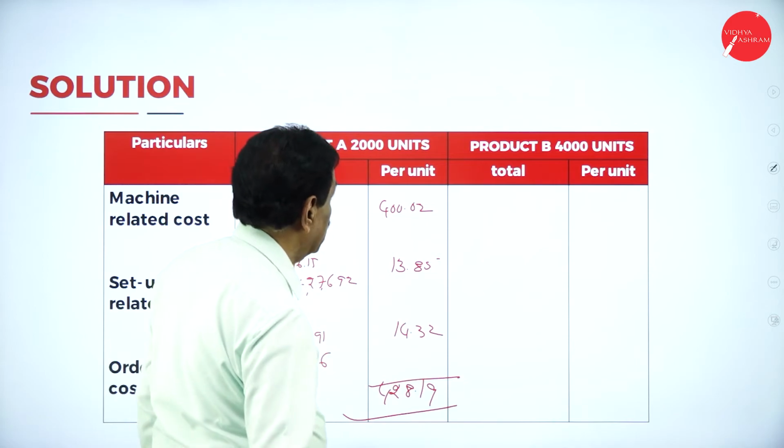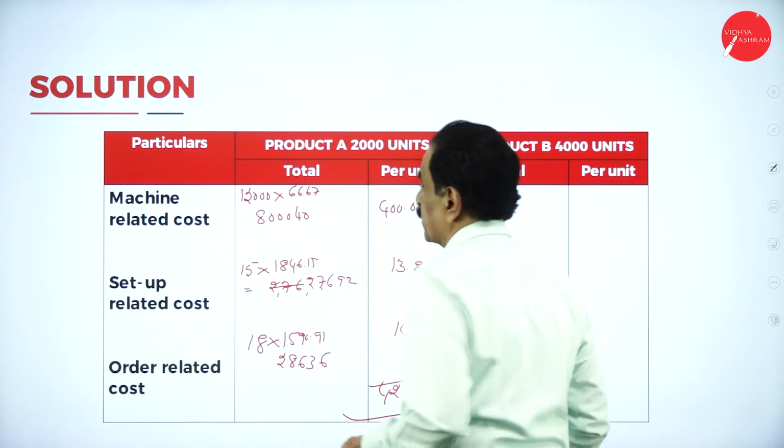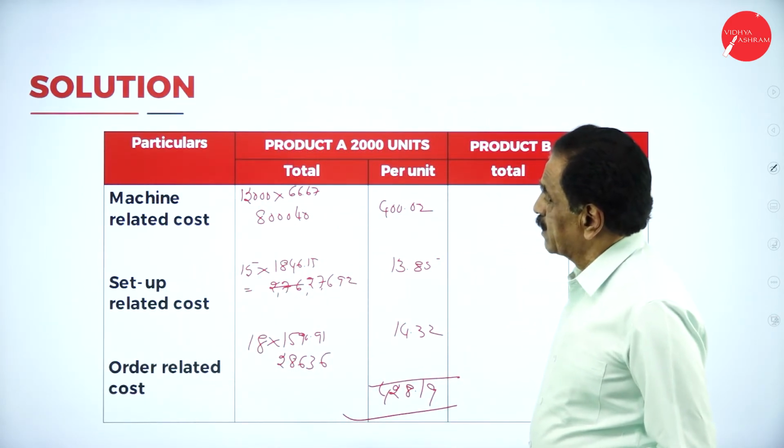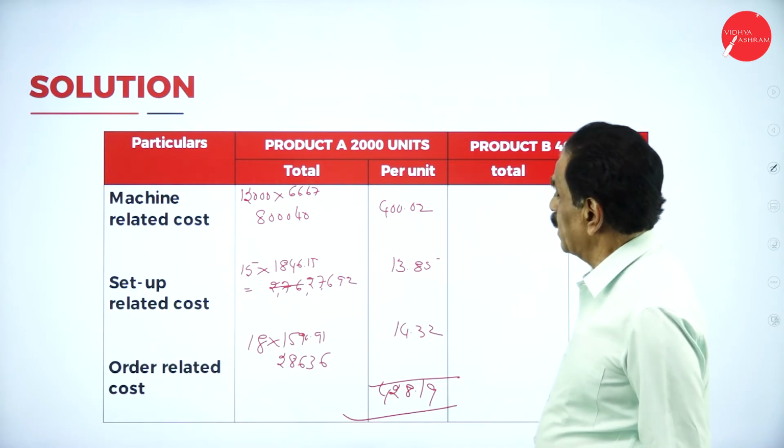Then regarding product B, come back to the machine hour rate. This is the machine work total.